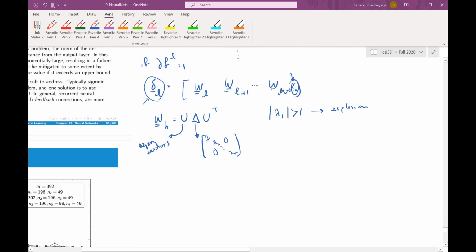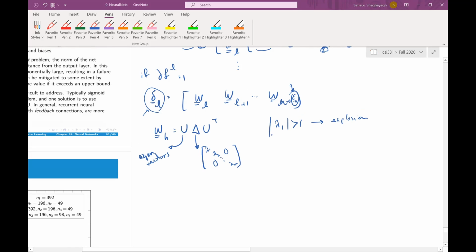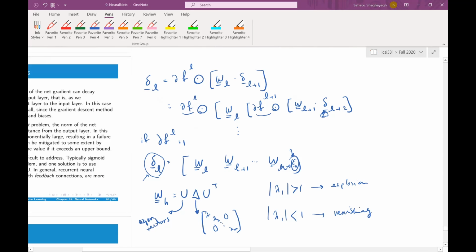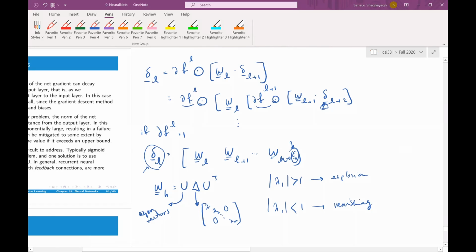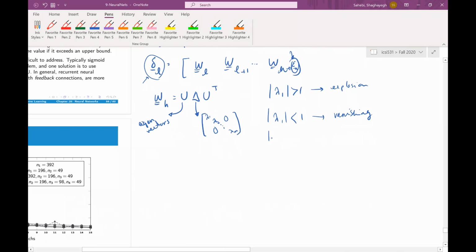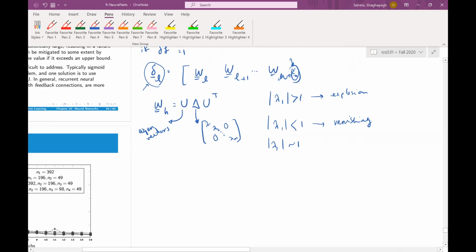And when lambda 1 for all the matrices that we are multiplying is less than 1, then we are going to see a vanishing gradient problem. So only when the lambdas are kind of close to 1 are we going to be okay, right?